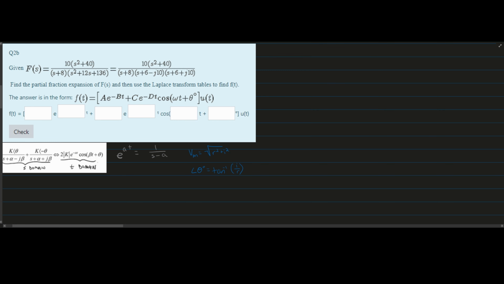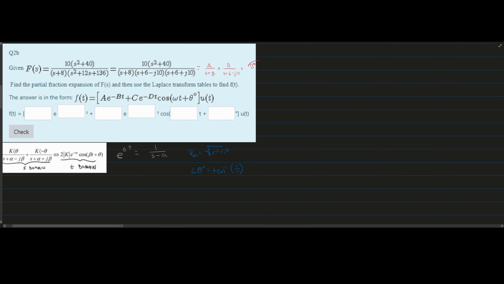So to start off, we are going to look at this right here. We can see our denominator is a complex number. And since it's a complex number, we're going to have to do something a little different to actually get this. So looking at this, what we can do is set this equal to A over our first part, which is s plus 8, and then plus B over our next part, which is s plus 6 minus j10, and then we have plus B, and since it's a conjugate, we're just going to have B with the conjugate symbol right here.